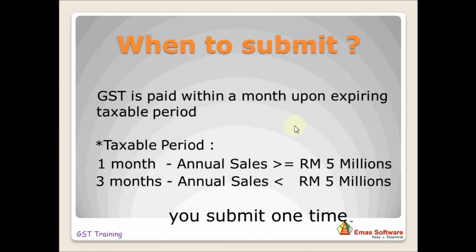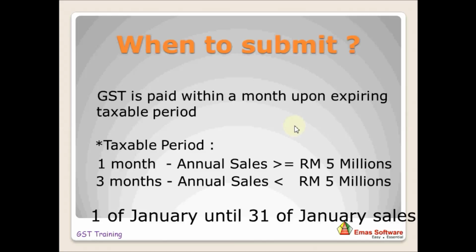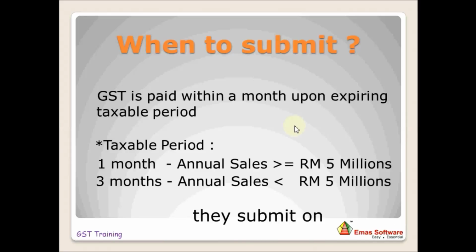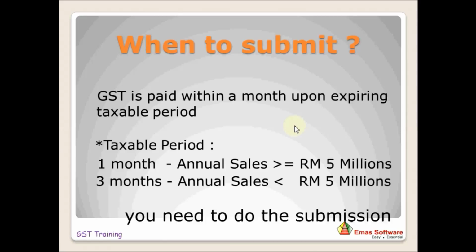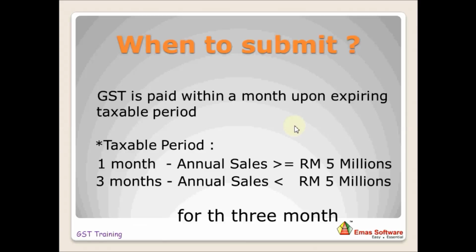For example, your January sales, from 1st of January until 31st of January, you submit before 28th of February. For the 3 months, from January until March sales transactions, you need to submit before 30th of April.